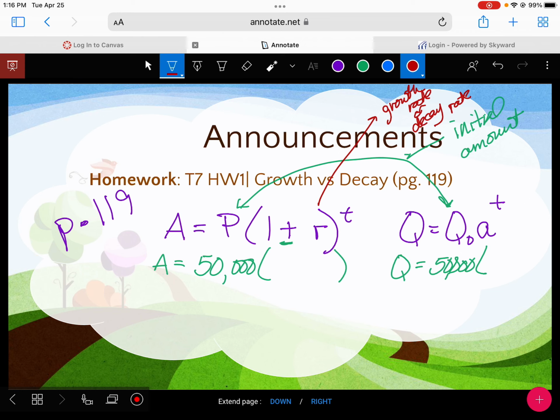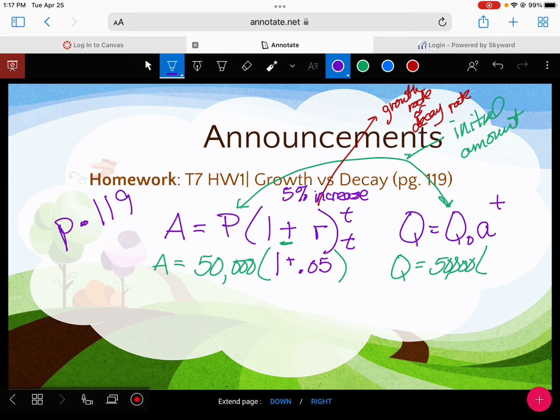Okay. So 1 is if it was 100%, if it was the exact same over here. But we are looking at a 5% increase. So this was a 5% increase, and writing that 5% as a decimal is 0.05 to the T power.